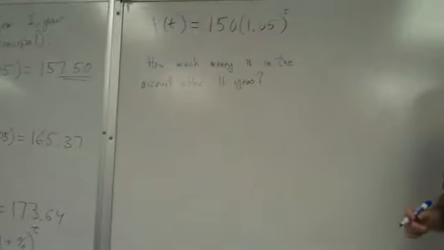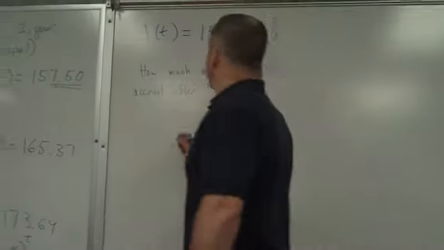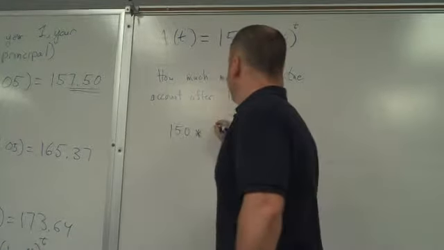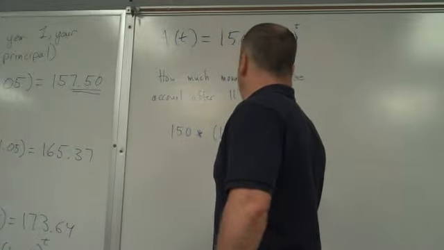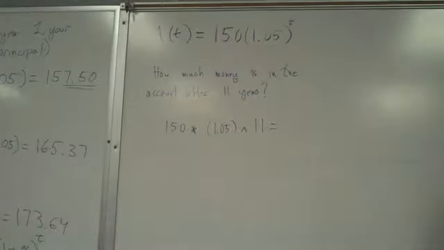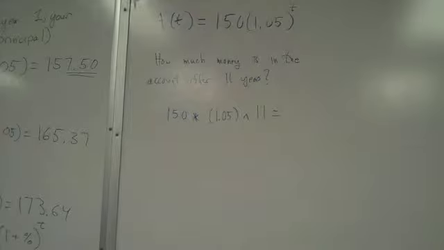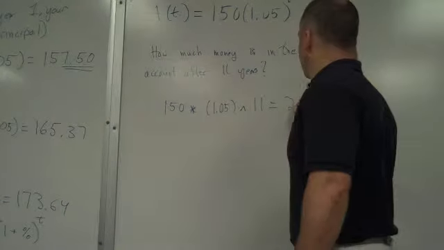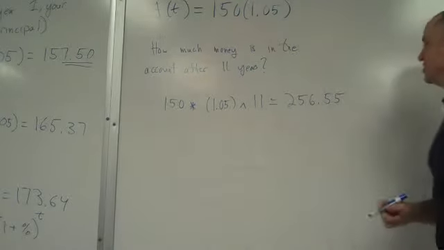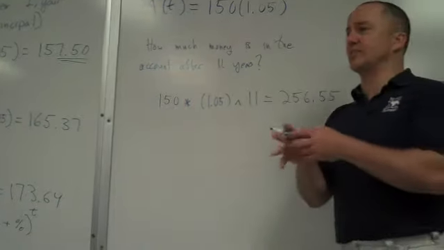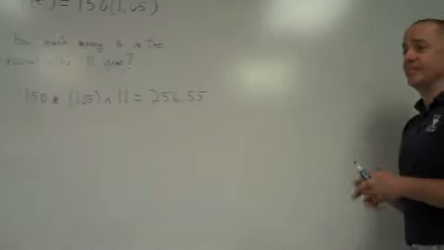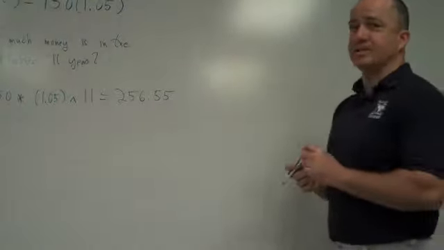You can multiply by 1.05 eleven times in a row, or you can simply go to your calculator and say 150 times 1.05 to the 11, and what will your calculator give you? $256.55. You've made $106.55 doing this. Of course, it took you 11 years to do so. Don't spend it all in one place.